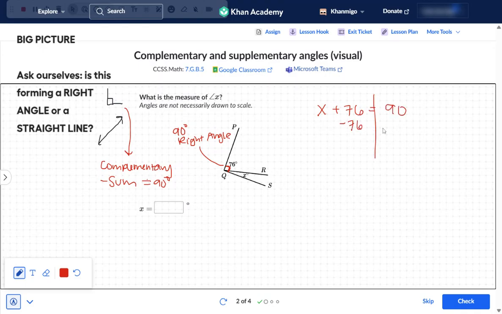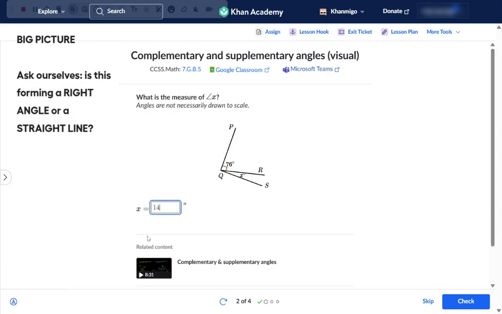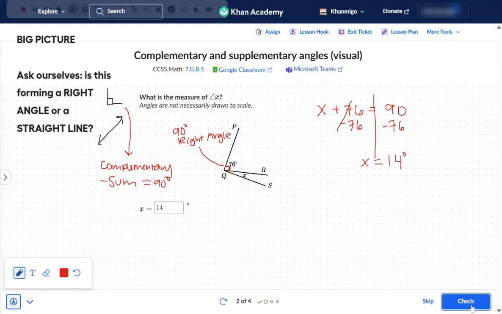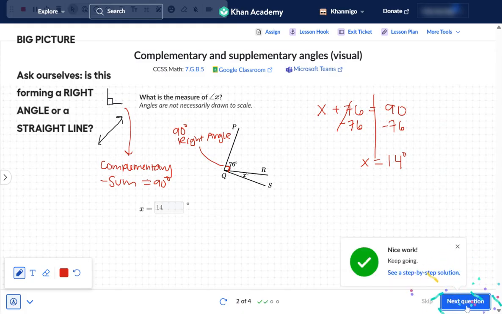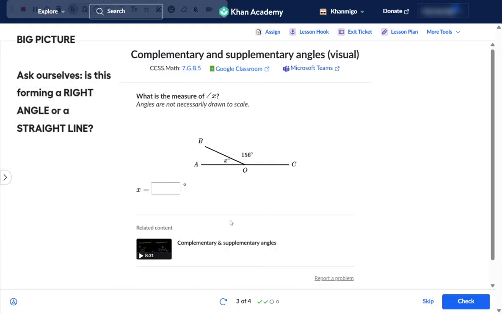Solving for x, subtract 76, or use a calculator like we did in the last one, the total minus what was given, 90 minus 76. We find that x is a very small 14 degrees. Let's check. 14. Perfect.